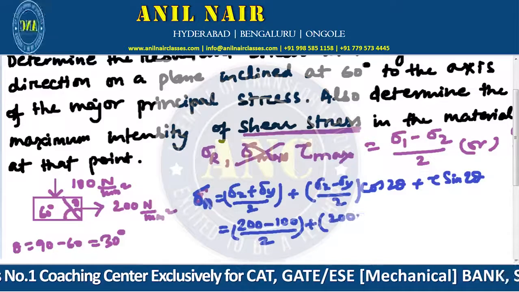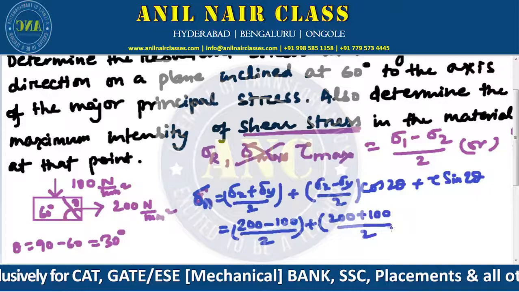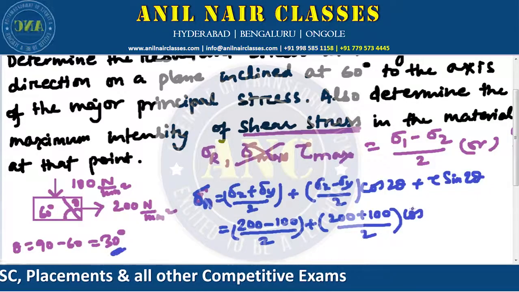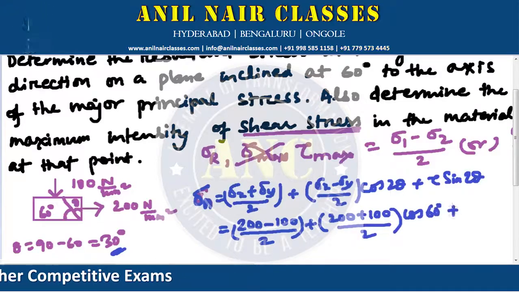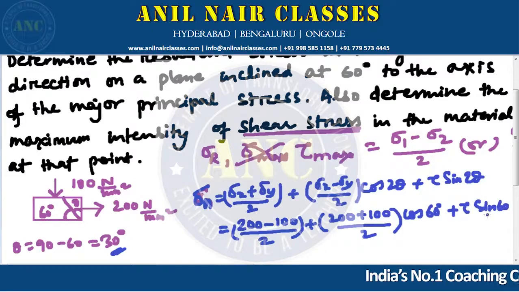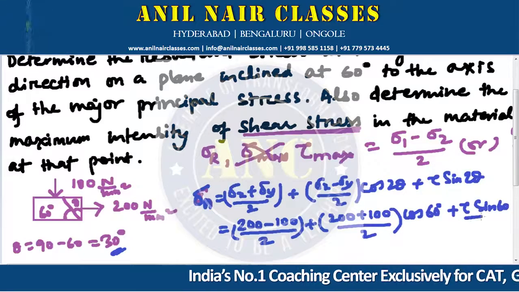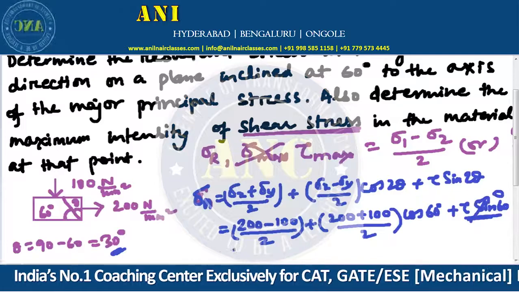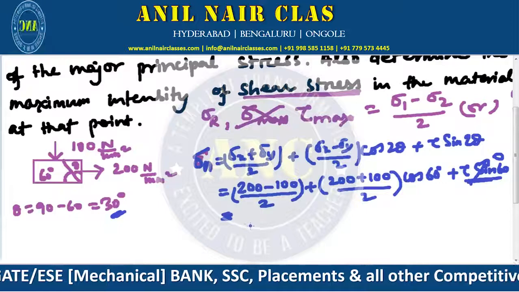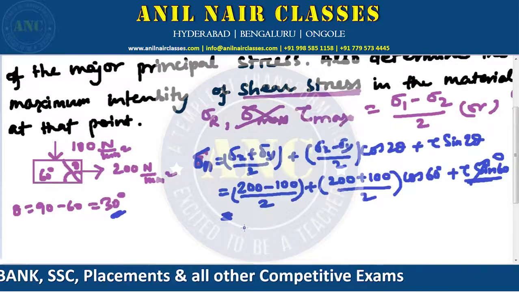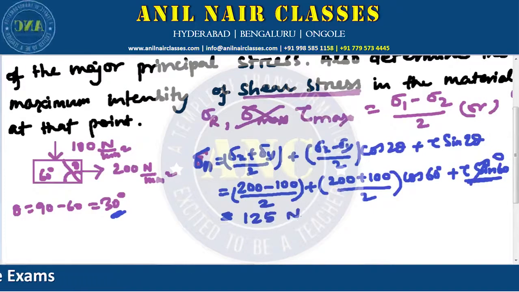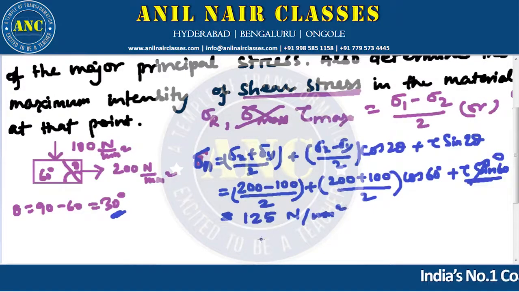This is (200 plus 100) by 2, and theta is 30 degree, so it will be cos 60 degree, plus tau sin 60 degree. Again there is no discussion of shear, so this is 0, so we will calculate only this value. When we calculate, we get approximately 125 Newton per mm square.